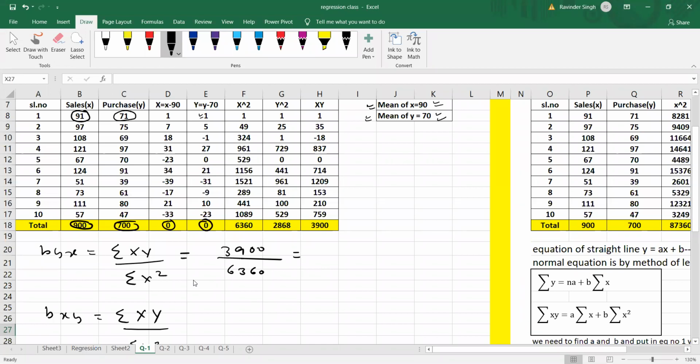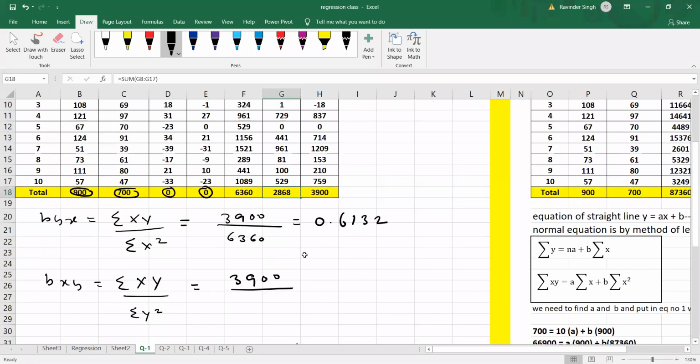So quickly we can calculate this. 3900 divided by 6360. So this is coming around 0.6132. What about bxy? Summation of xy is again 3900 whole divided by summation of y square. So summation of y square is 2868.